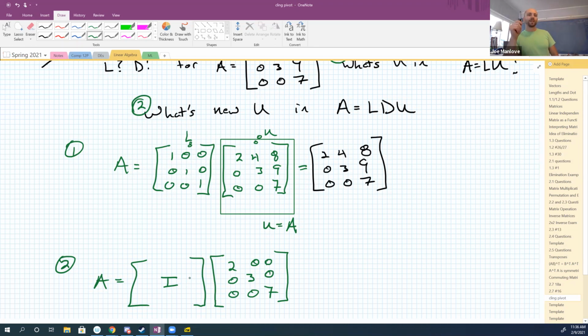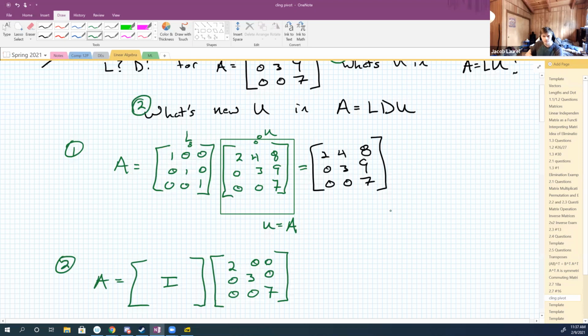What's going to happen when you take a diagonal matrix and then multiply it by an upper triangular matrix? If I take a diagonal matrix and multiply by an upper triangular matrix, what is the result going to be?